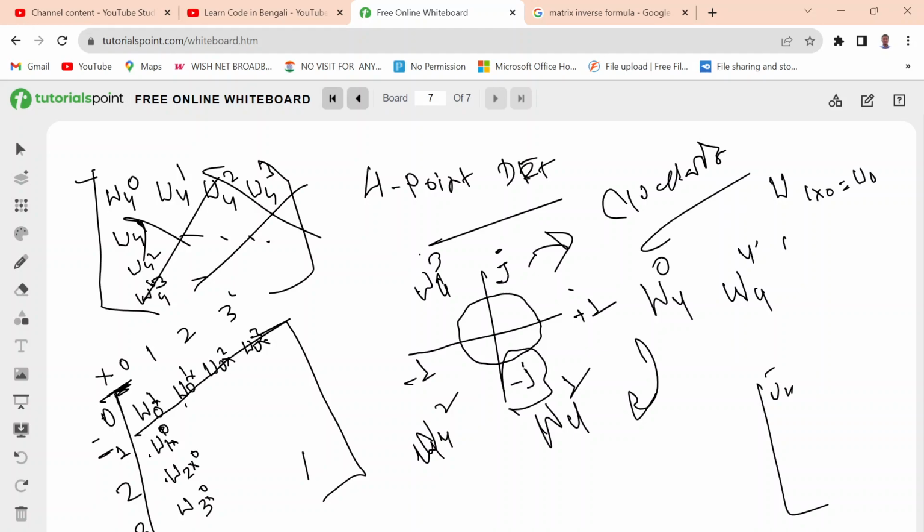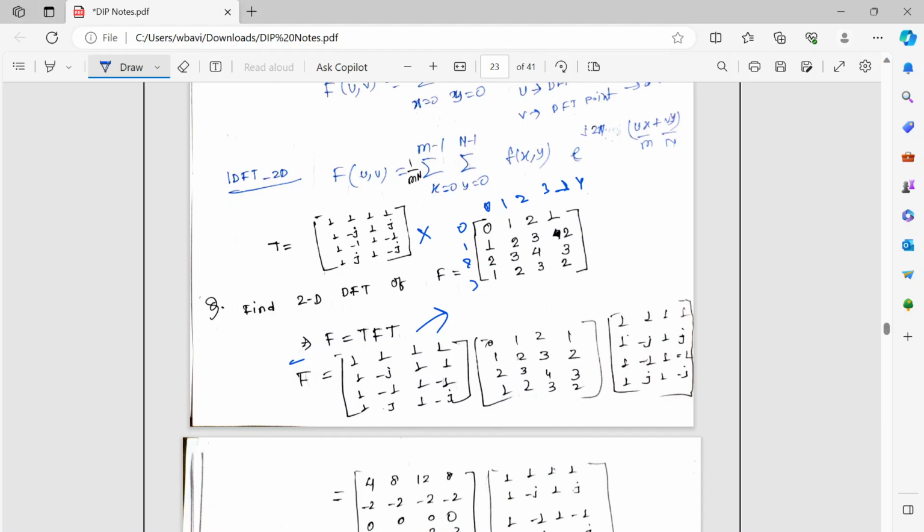If we multiply 0 into 2, it will be 0. So omega 0 value is 1. So hold the value in this row and in this row, it will be 1. Now how to write this value here? This is the omega 1 into 1. So omega 1 into 1 is minus j. Let's check the value. Yes, minus j. Have you got my point?